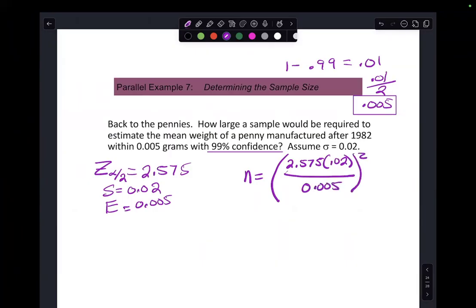If you are really careful with your parentheses, you can put this whole thing in the calculator at once. If you are parenthesis careful, otherwise do it piece by piece. Okay. 2.575 times 0.02 divided by 0.005 squared. Yes, good.